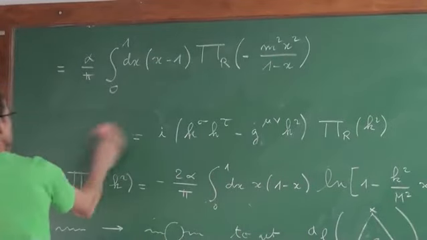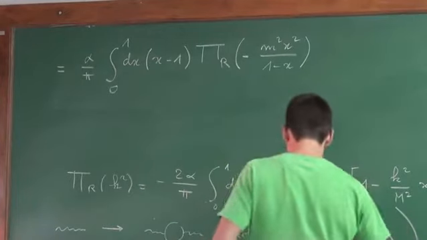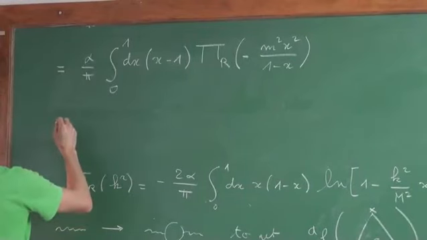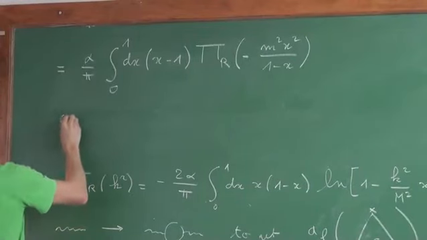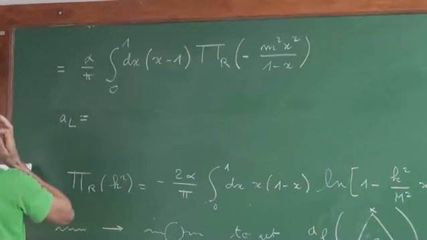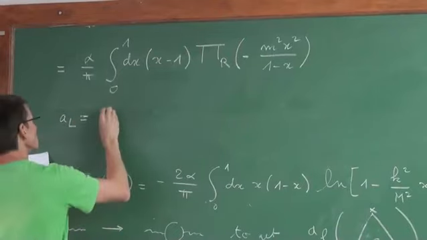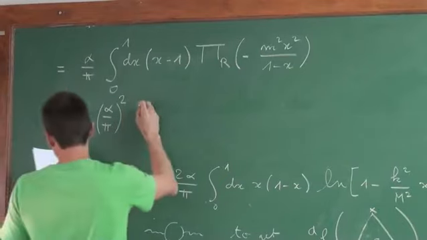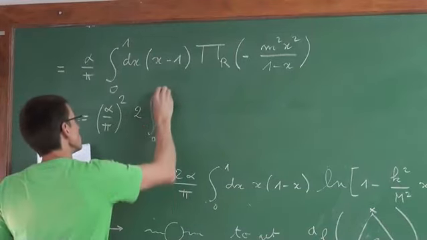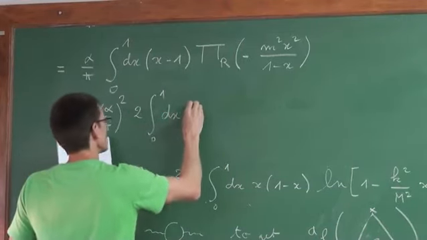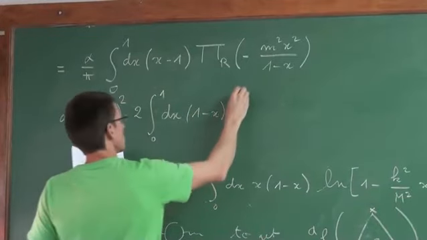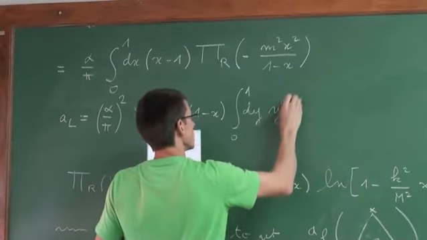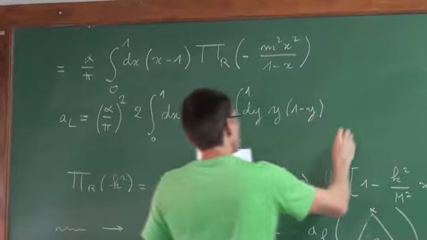And you get alpha over pi squared in this one and this one, integral over x, 1 minus x, integral from 0 to 1 over y, 1 minus y, and the log.